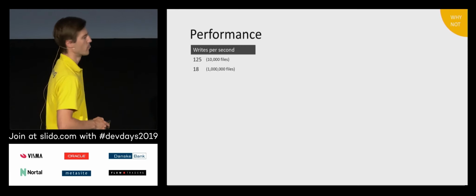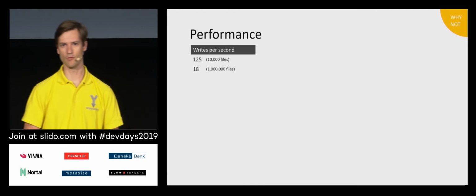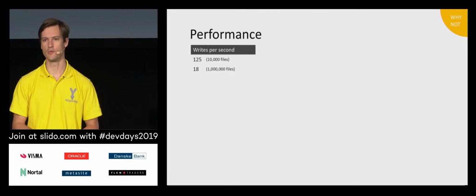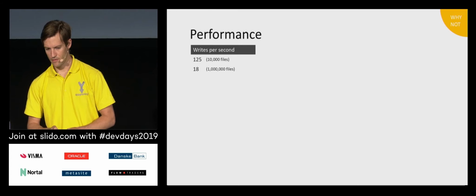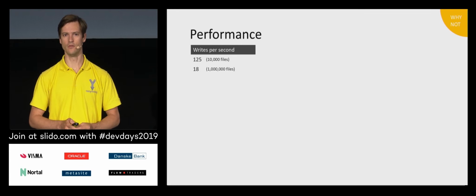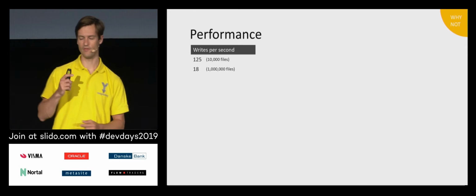Now that starts to worry me a bit more, because it's easily possible that it grows to 10 million, 100 million, and then we're gonna have some problems with writing. So to find out the solution for that, the first thing is to look at why does my write speed go down when my files go up.